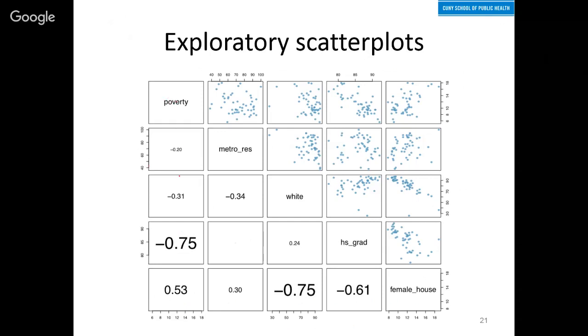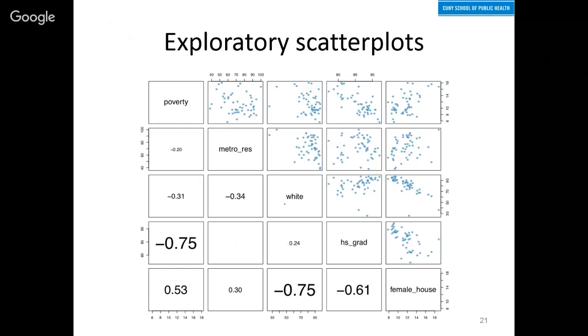So you can see there's a fairly big correlation between poverty and high school graduation with a negative correlation. So in areas with higher rates of high school graduation, there is less poverty because it's negatively correlated.